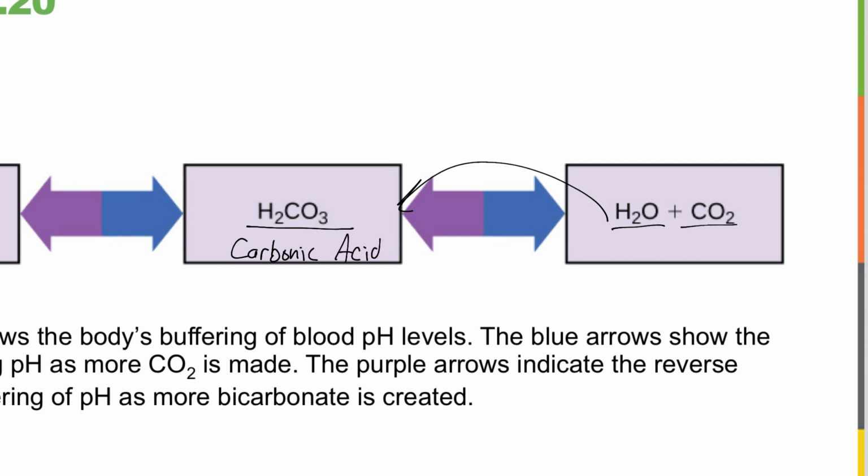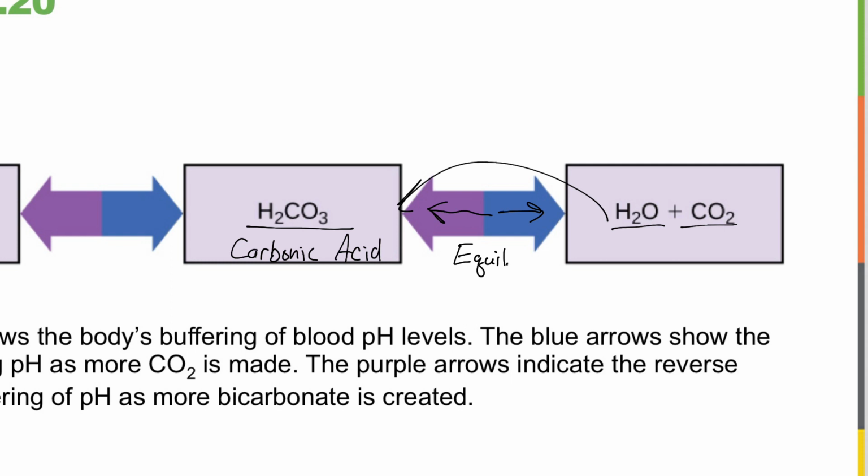And notice that the arrows go both directions. So you can combine water and CO2 and go this direction to make carbonic acid. It is also possible for carbonic acid to break apart again and turn back into CO2 and water. We say that this is an equilibrium reaction, which just means it can go in both directions.